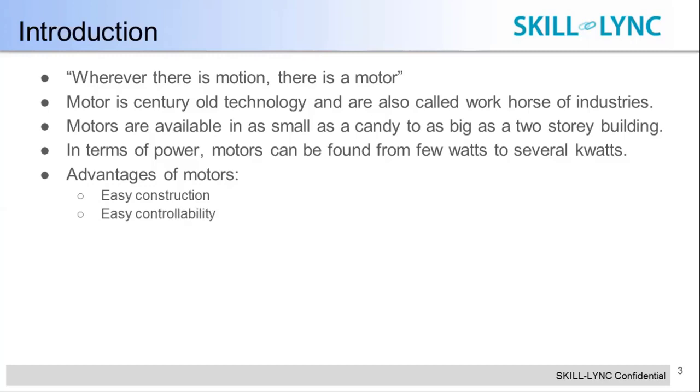And then their control is easy. This is a very important point. If you want to increase the torque or the speed, it's quite easy to do, especially in the present time when microprocessors are so strong and the supporting technologies, say power electronics, are so strong. It is really an easy job, and we can do it with very high accuracy.